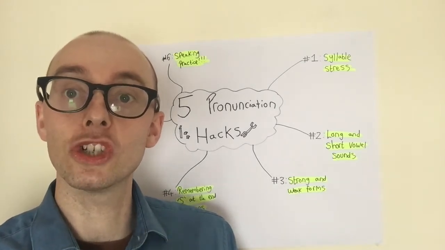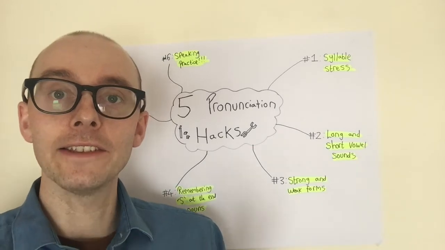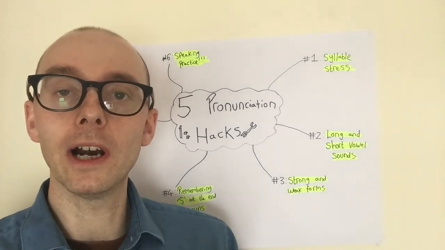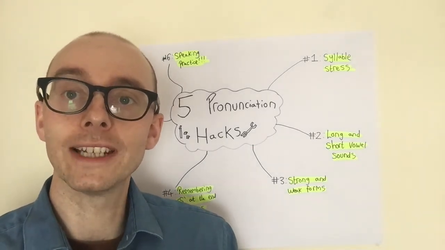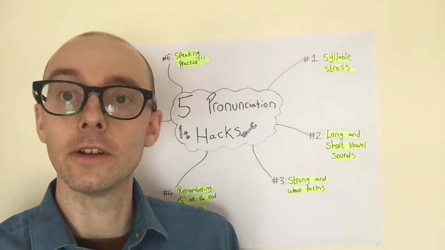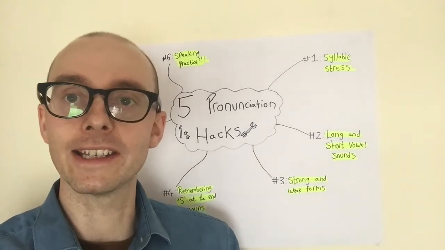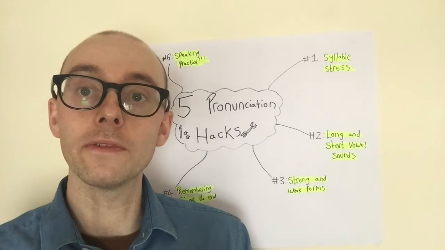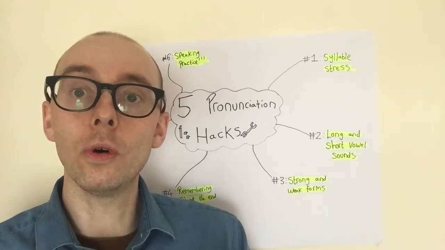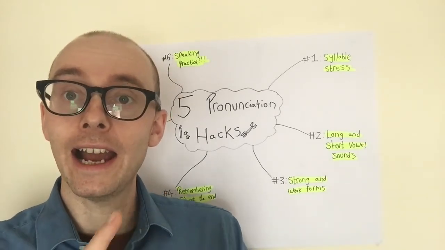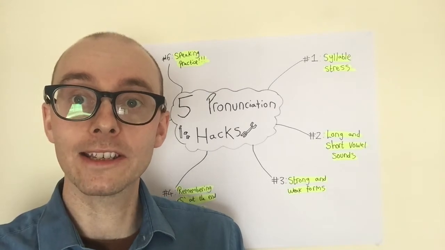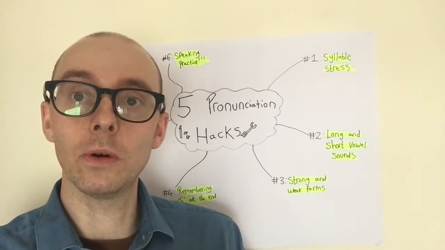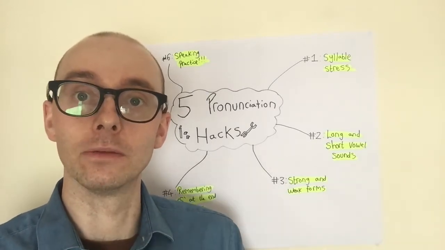Machine, machine. And when you learn a new word in English, you don't just want to write down the definition, the synonym, what type of word it is, and an example sentence. All of that is great, but what you should also be writing down is how many syllables that new word has and which syllable has the stress, if any at all.